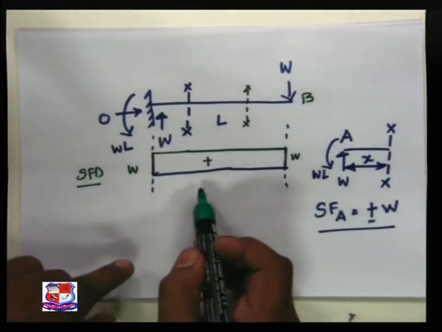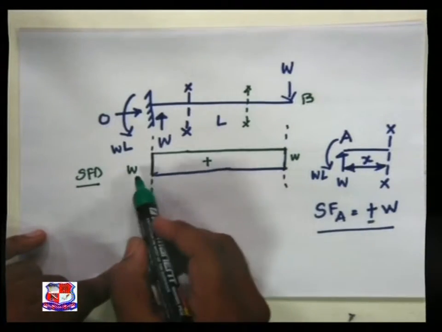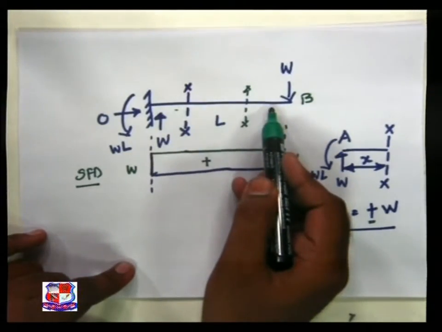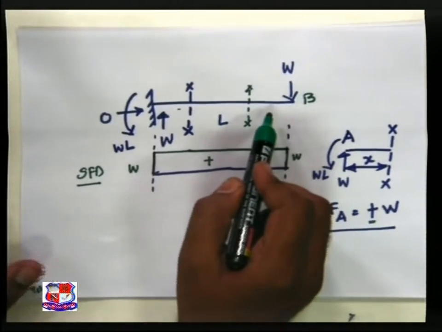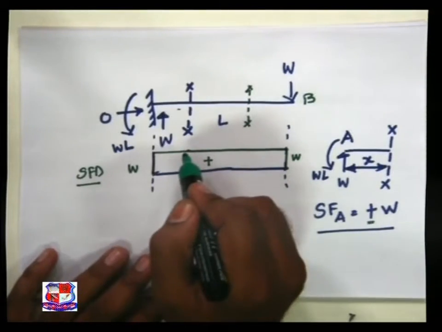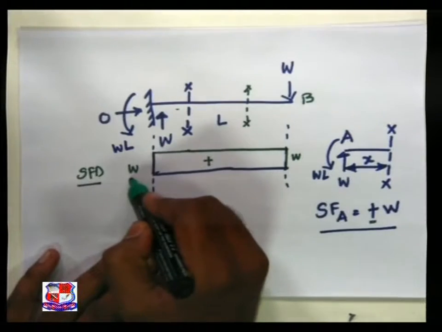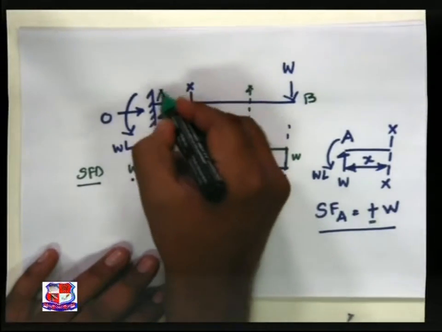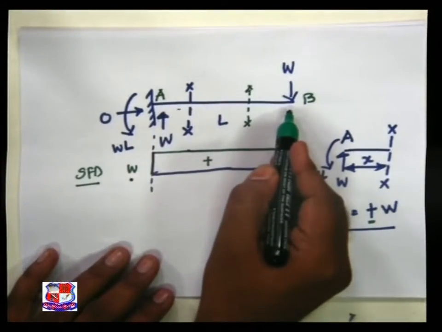This diagram states that the value of shear force is W throughout the length of the beam. It remains constant as there is no load acting. So if we apply our basic rule for plotting the shear force diagram, then the support reaction itself gives us the value of shear force W. Between A and B, no load is acting.